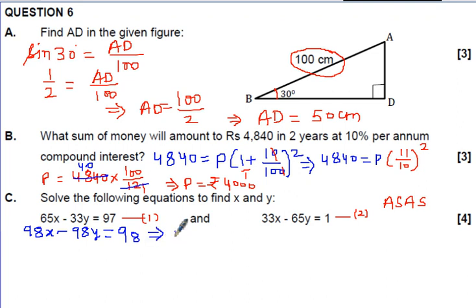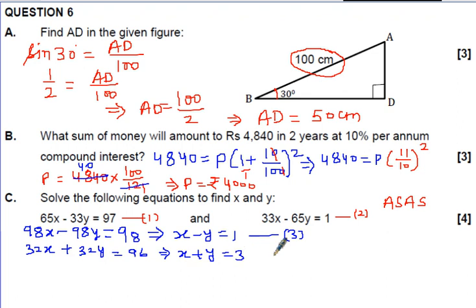So when you divide by 98, it will be x minus y is 1. You can write equation 3. Same way you can subtract, 2 from 1. So you get 32x. If you are going to multiply, then it will be very difficult for you because they are big digits. So on subtracting, 32y is 96. And you get multiple. So it is multiple of 32. So you can divide by 32. So you get x plus y is 3. So this is equation 4.